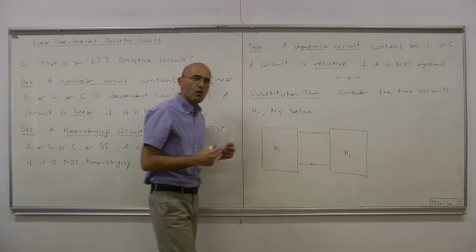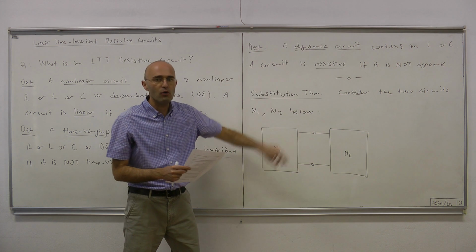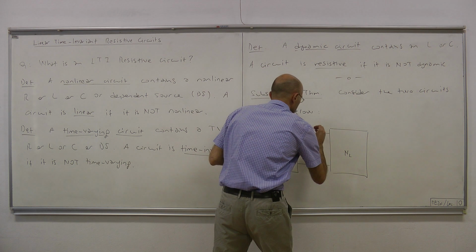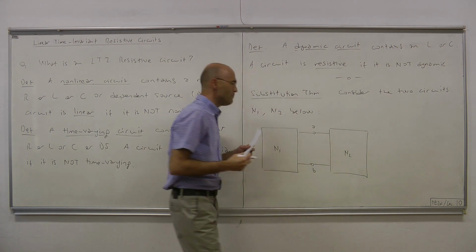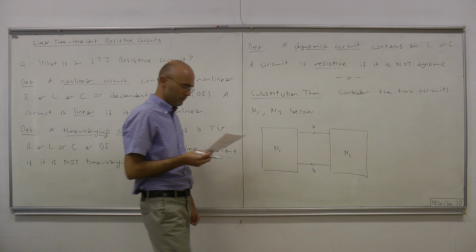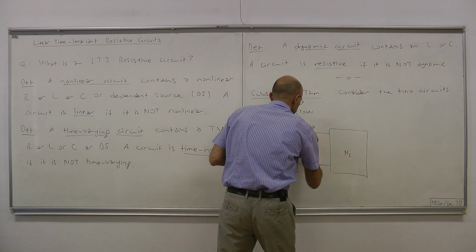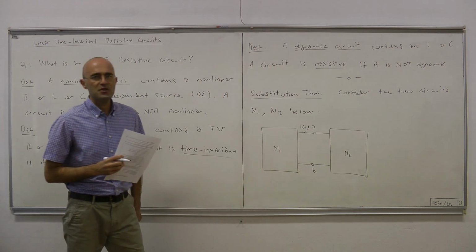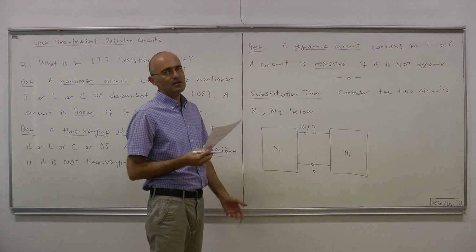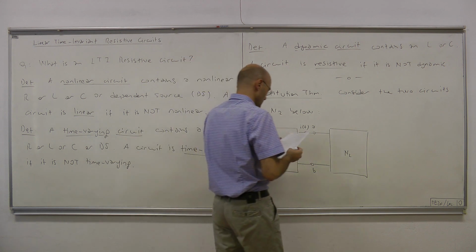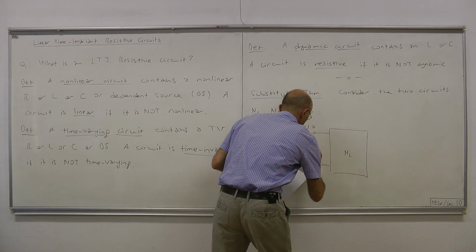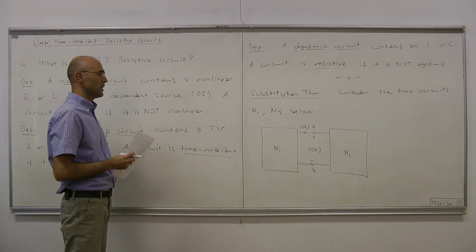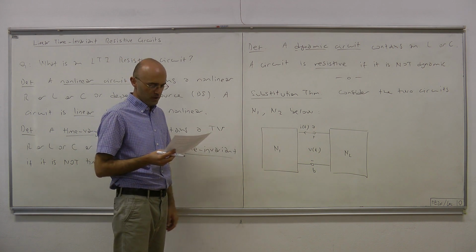There are no other wires sticking out of those two boxes. Let's call these nodes A and B. Suppose that this current flowing in that direction is i(t), and this voltage here we label v(t). We either measure or compute them.